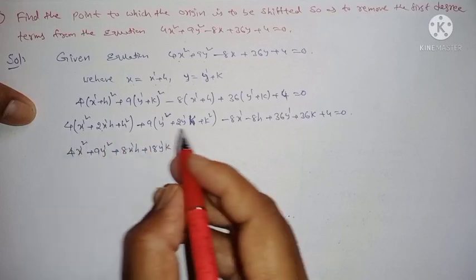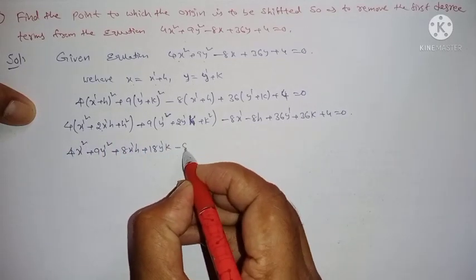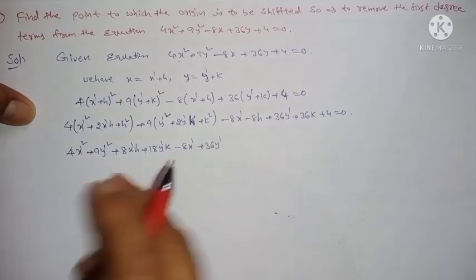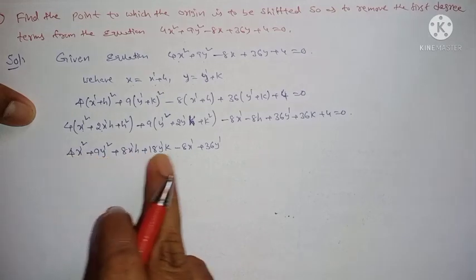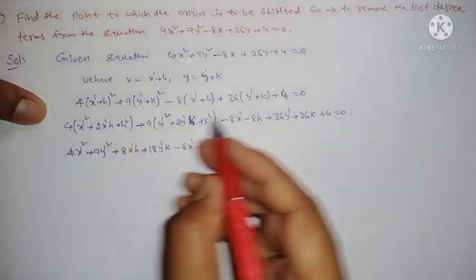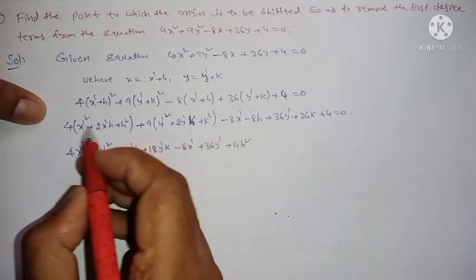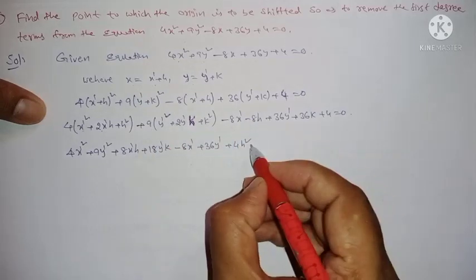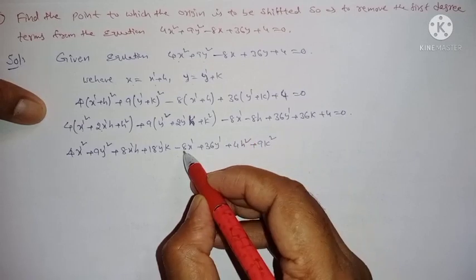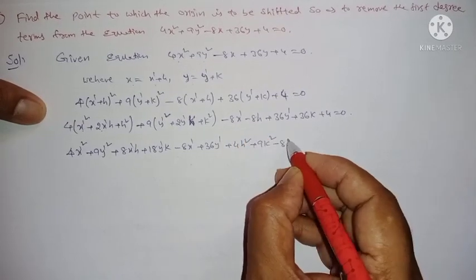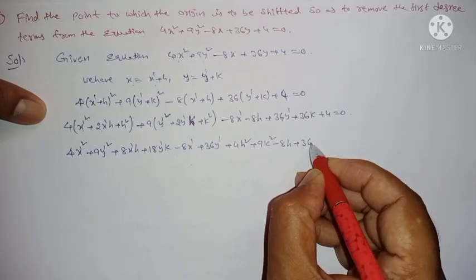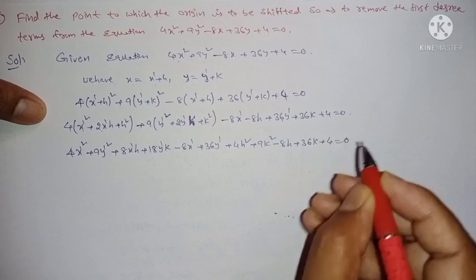What remains, you can write again: minus 8x dash and plus 36y dash, the x square, y square, x, y terms. I can write in order, and the remaining constant is 4h square plus 9k square. All terms are over: your 8x dash is over, minus 8h, this is over, 36y dash, and plus 36k plus 4 is equal to 0.